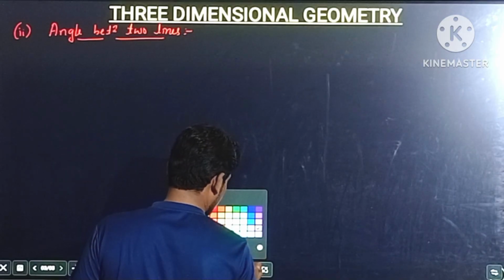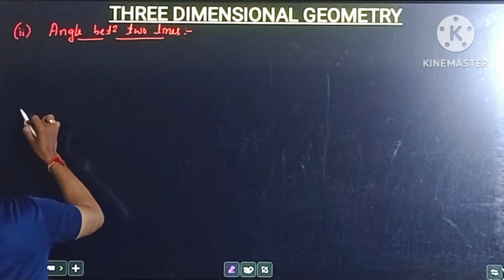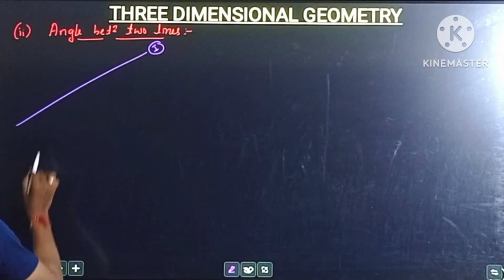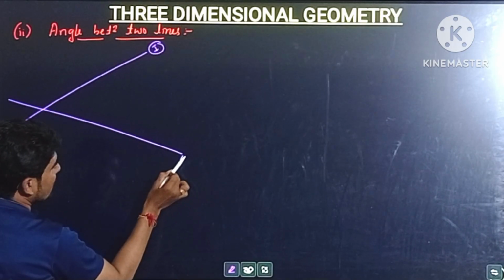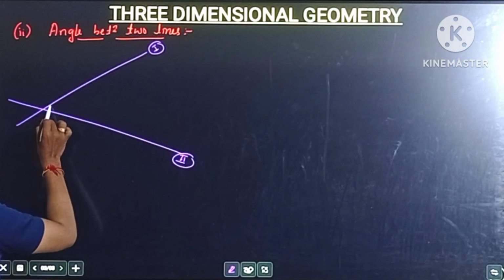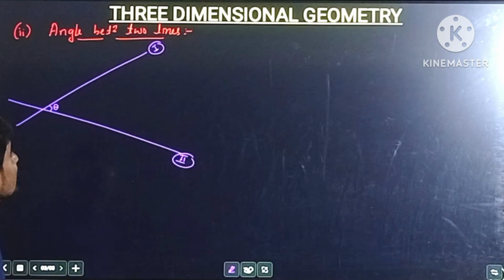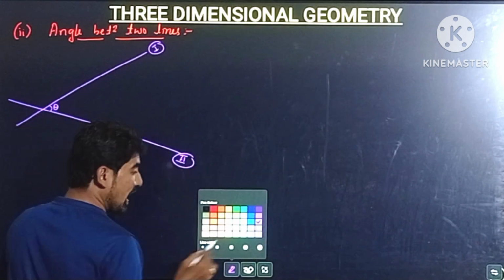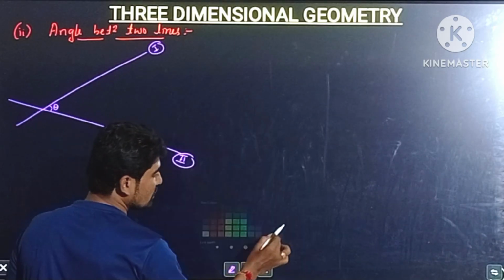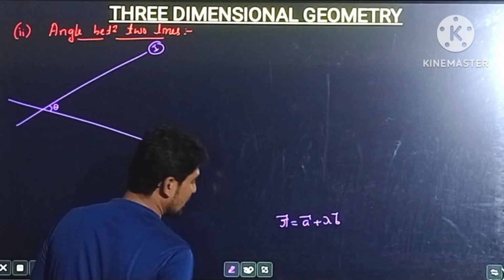Let's suppose he has given one line, and this is the first line, and this one is the second line, and this is the angle between the first and second line. As you already know, the vector equation of the line is r vector equals a vector plus lambda times b vector.